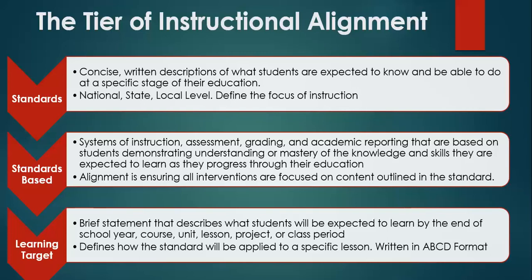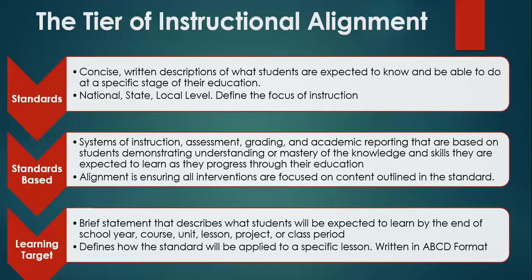A learning target says, let's take this big standard, because many times you can't meet one standard in only one lesson. You may be meeting a portion of that standard in multiple lessons throughout the course of your academic year. That learning target is that statement that says, for this particular lesson, this is what we're going to focus on. And that defines how that standard is going to be applied to that specific lesson.